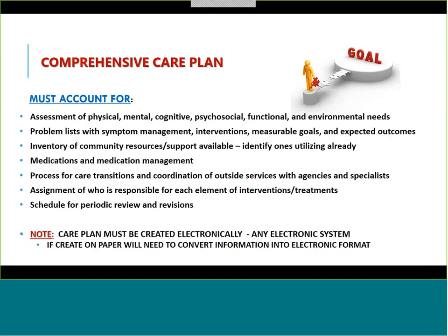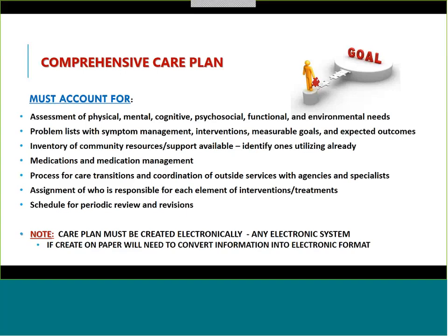Make sure you include medications and how you're going to manage those. You need to have a process in place for those care transitions. We'll talk more about those, but those include going to the ER, the hospital, being admitted to a nursing home, being admitted to assisted living, or having a stay there and then returning home. Anytime the patient leaves one healthcare setting, and we include the home setting as a healthcare setting because they're managing their health in that setting, to a different healthcare setting, those transitions need to include the information that will allow them to know how to take care of that patient adequately.